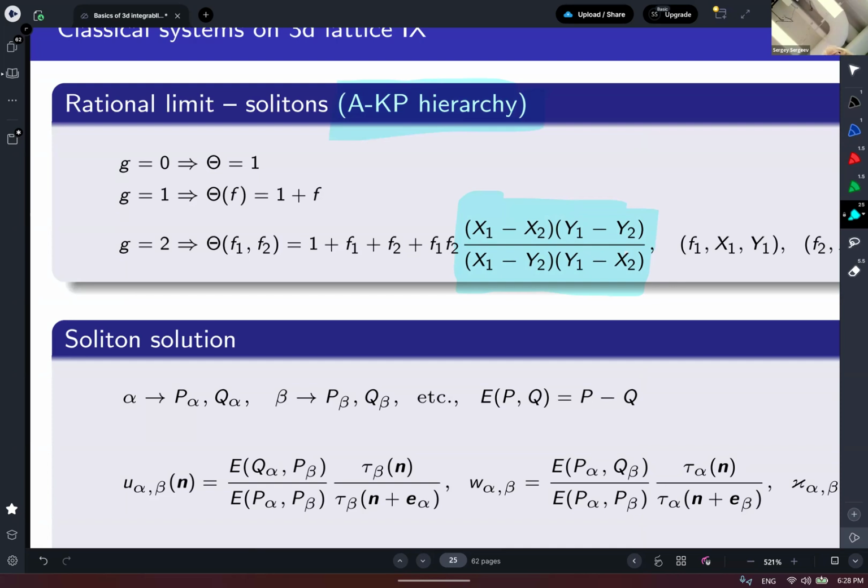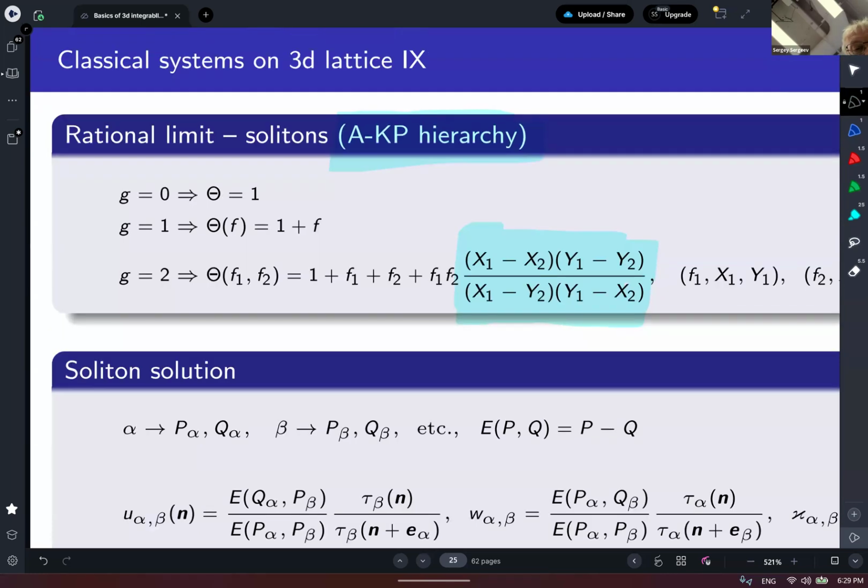KP stands for Kadomtsev-Petviashvili. So let me write down the A-type Kadomtsev-Petviashvili hierarchy. Maybe I'm wrong with the transliteration of their names.